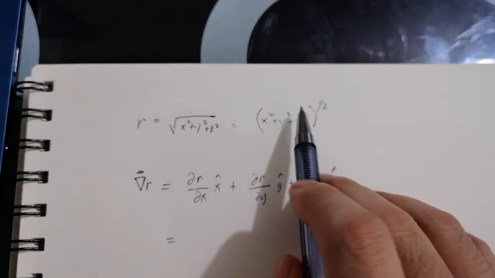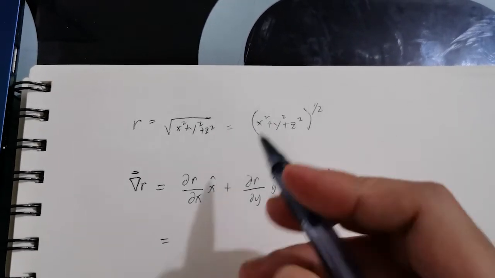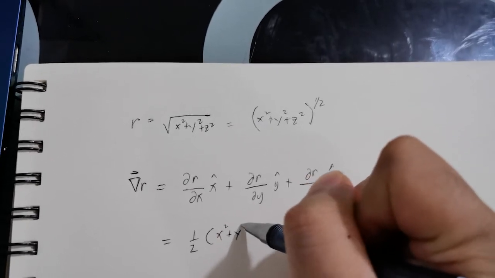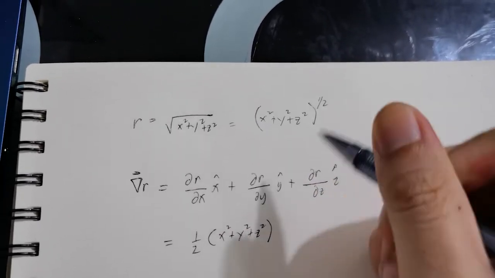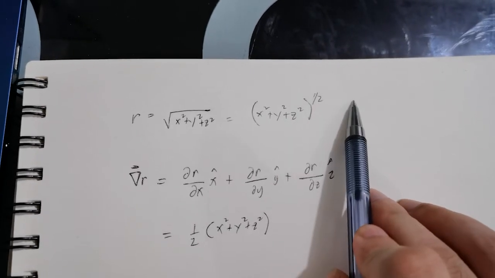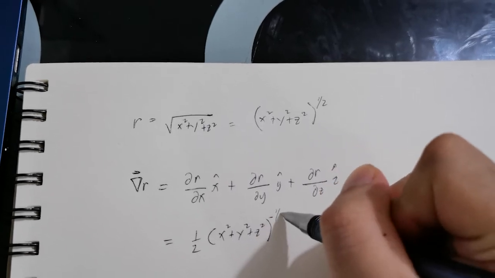So the idea is you bring this exponent 1/2 down, and then copy everything inside, and the exponent is reduced by 1. So we have 1/2 minus 1, which gives negative 1/2, right?